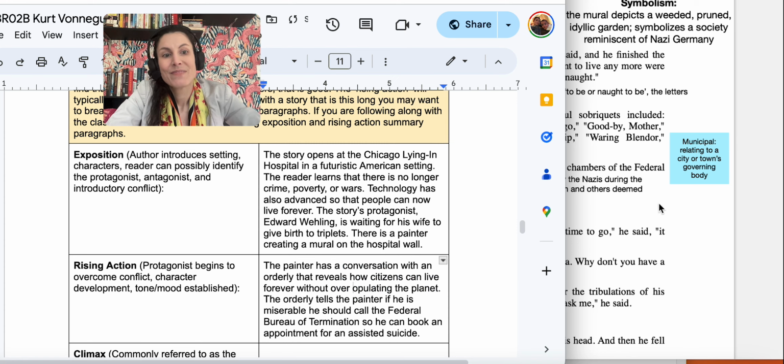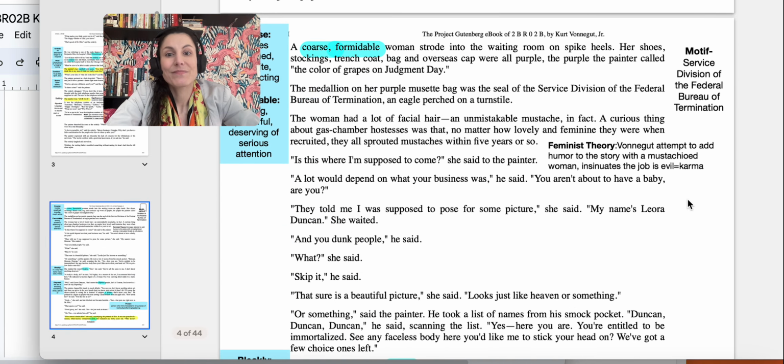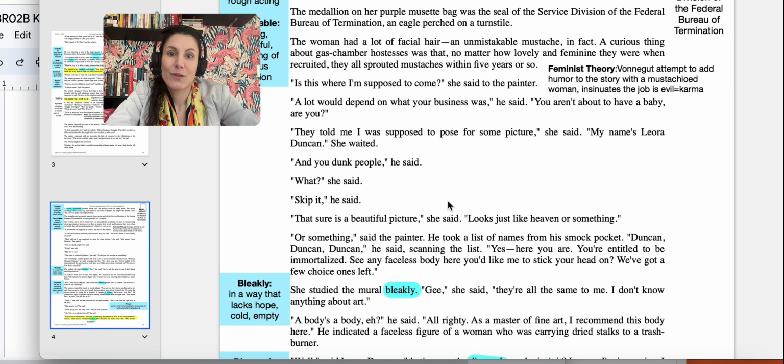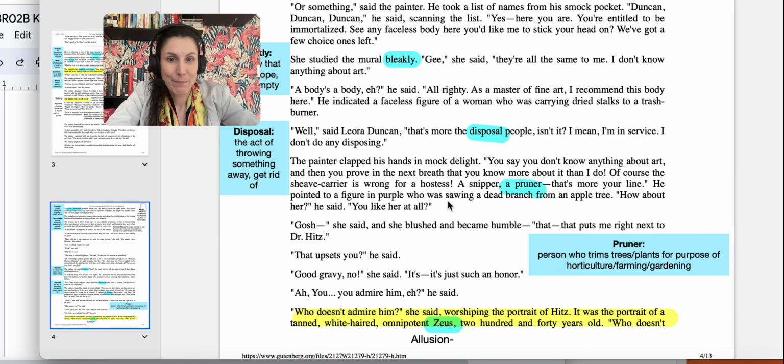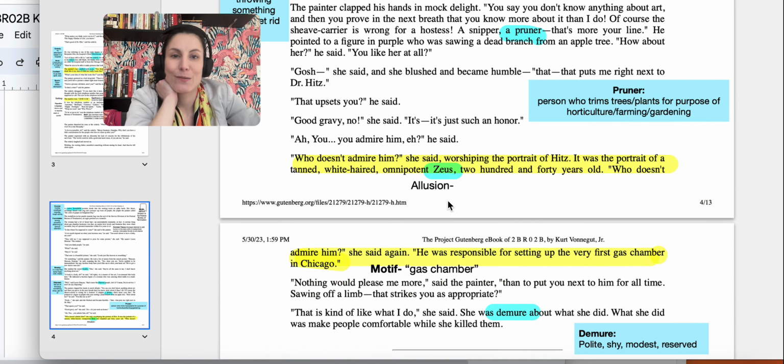All right. Then we can add here a woman, Leora Duncan, who works for the government. We would call her a suicide hostess, a gas chamber hostess, appears. How do we want to talk about her? Because she's important considering she is in the climax.